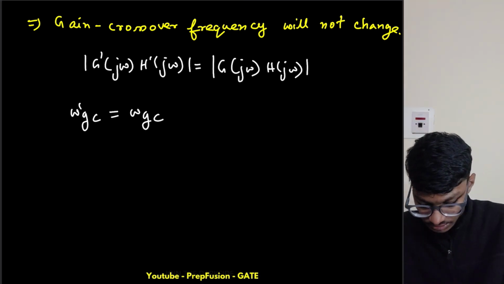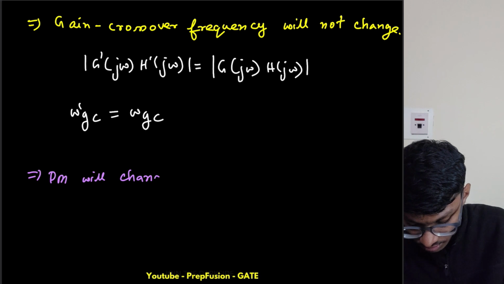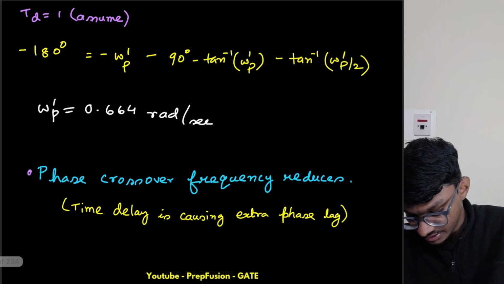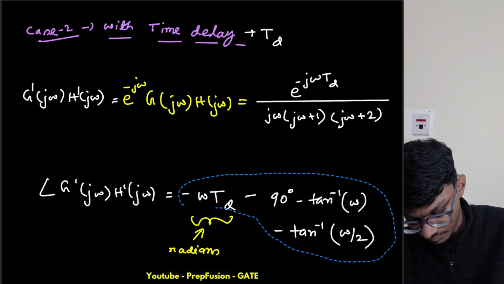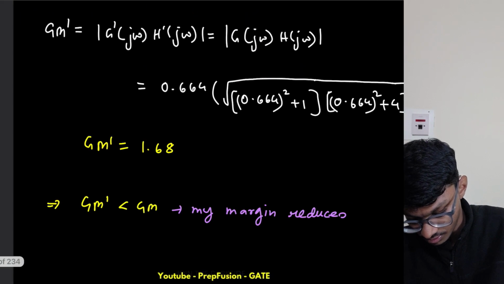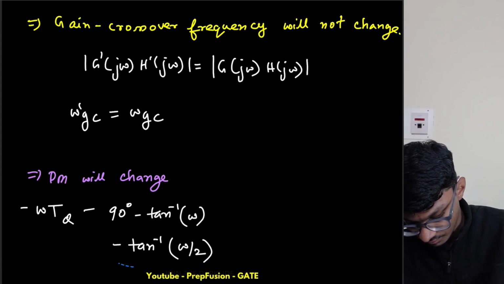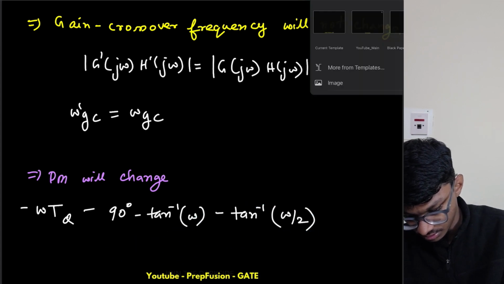What about the phase margin? The phase margin will change. Why? Because we have the phase angle formula of this one. Let me copy this one. Just wait 1 second, I'll take another slide.